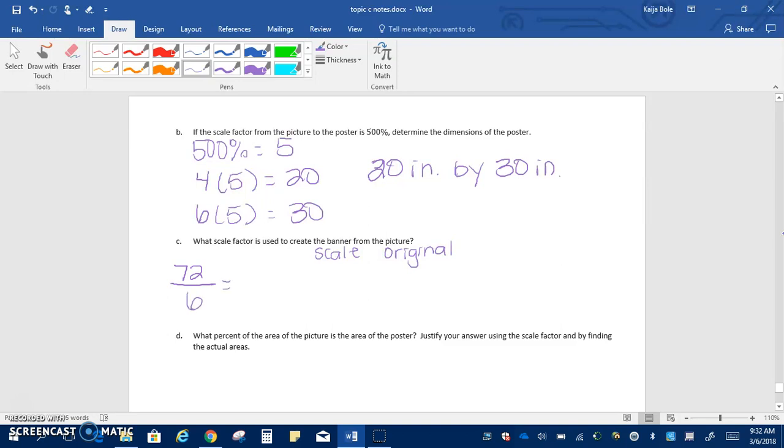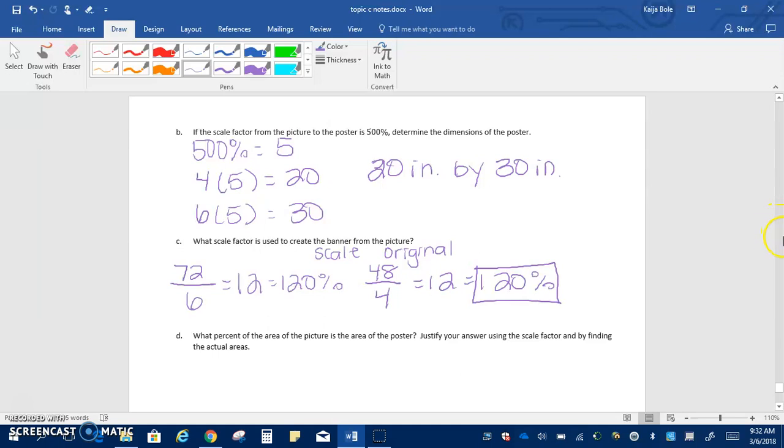You can do that one first and you get 12, which would be 1200%. Or if you use the other measurements, it would be the same thing, 48 over 4, and you would still get 12, which is still 1200%. So our scale factor is 1200%. Okay, again, if you don't get the same number, go back and check your numbers, and then go back and check how you divide it.